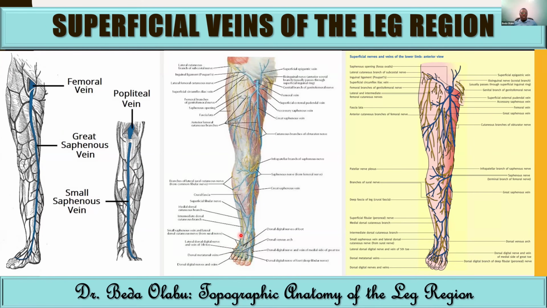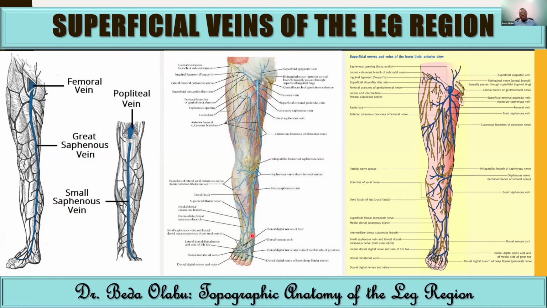So just to remember that the great saphenous vein begins from the union of the medial marginal vein and the medial aspect of the dorsovenous arch. And so that great saphenous vein will run on the medial aspect of the foot and then pass anterior to the medial malleolus and run on the medial aspect of the leg.